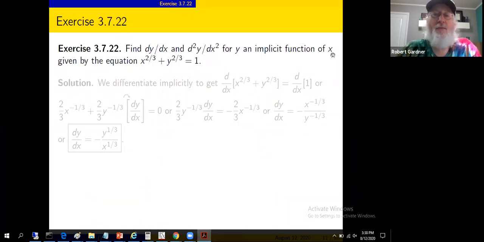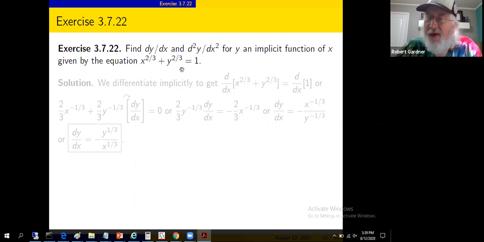Here's an equation. They want you to find dy dx and the second derivative of y with respect to x for y, an implicit function of this equation. Okay, I bet there's more than one function implicit to this equation because we're looking at a y squared and an x squared term.